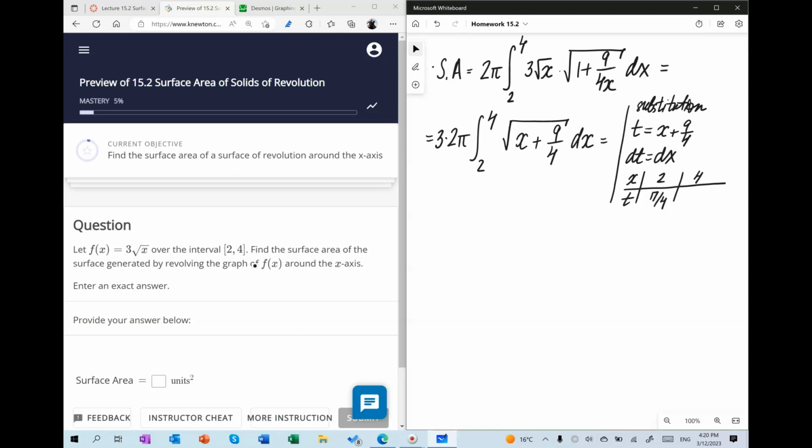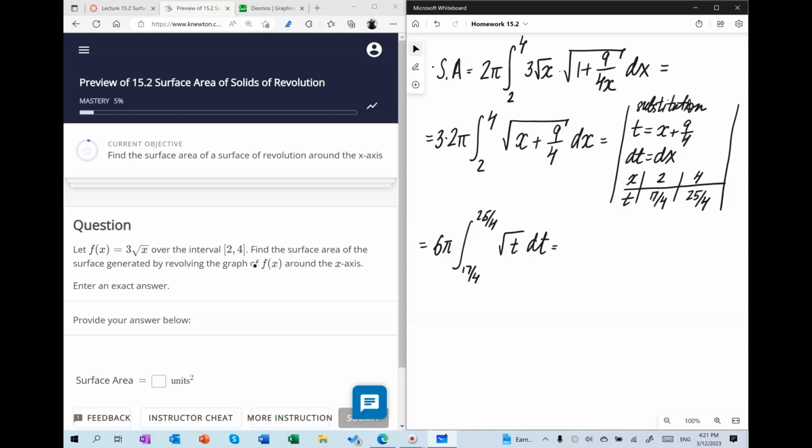And when x equals 4, t is equal to 25/4. Looks correct. So our new integral will be 6 pi integral from 17/4 to 25/4, and we have square root of t dt.